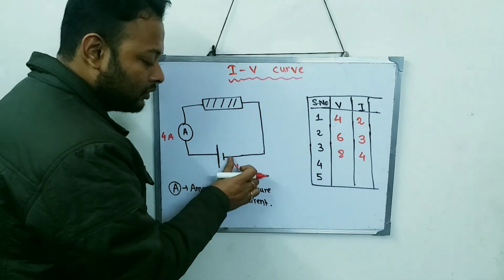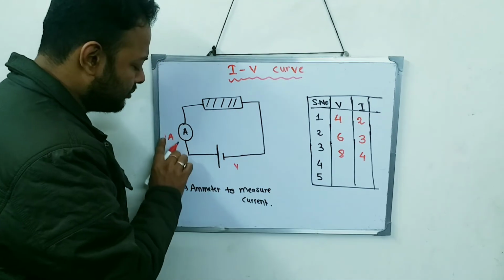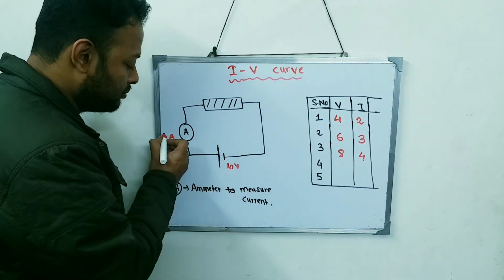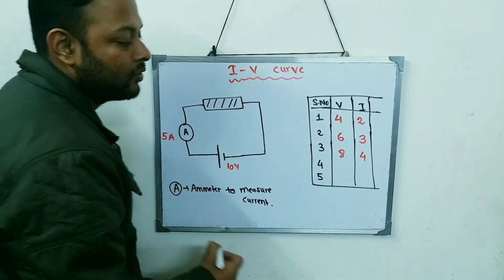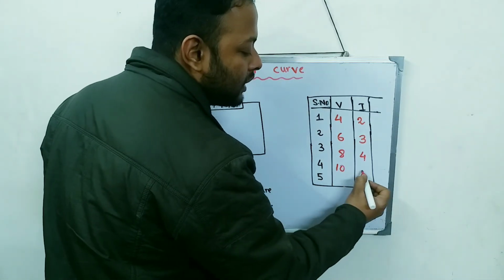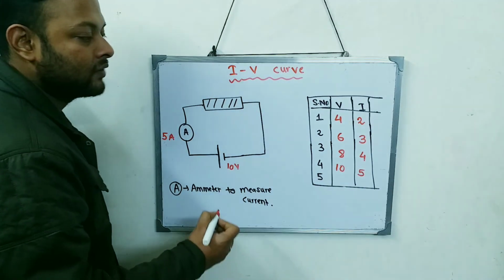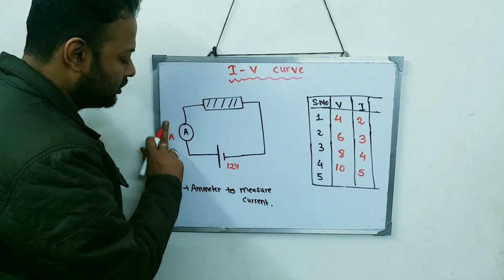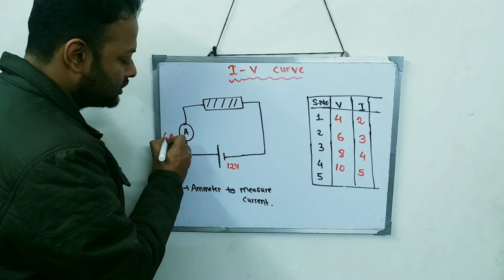Now if I increase the voltage from 8 volt to 10 volt, consequently the current becomes 5 ampere. And if I take the last reading, if the voltage becomes 12 volt, the current becomes 6 ampere.